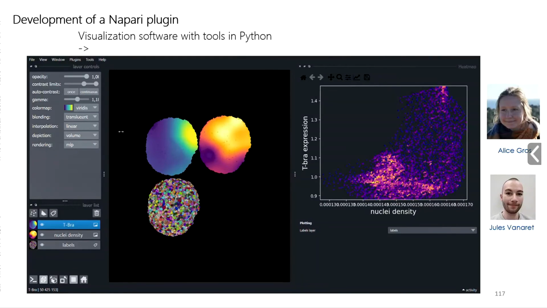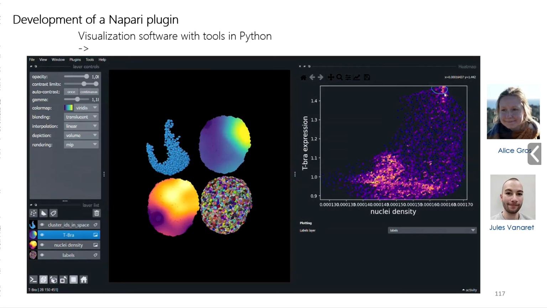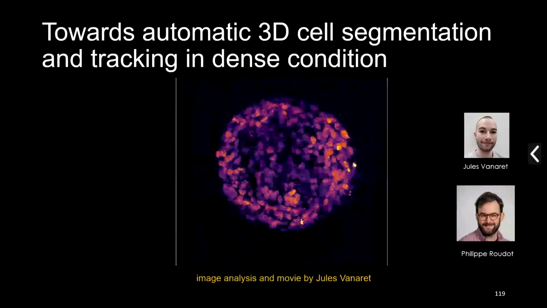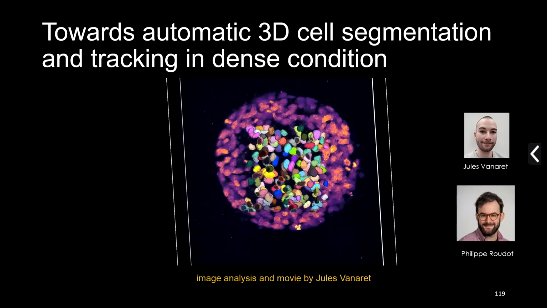Our students also developed an Napari pipeline to visualize density maps with StarDist and co-localize them with gene expression maps. But obviously, when you do 3D, you have a shadow effect, and we are brainstorming on how to correct it, because you can see gradients, but they are just due to the shape of the organoid. And to conclude, we also have Jules, who is doing many efforts on tracking.